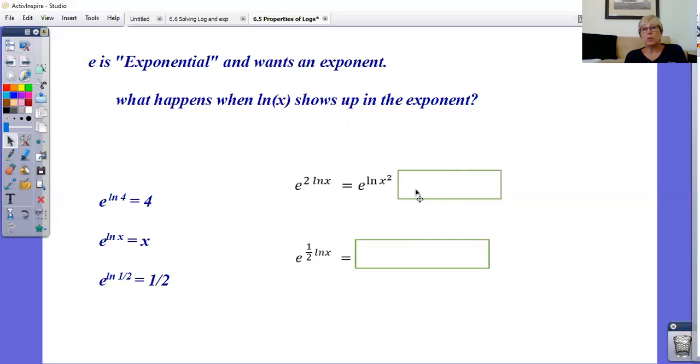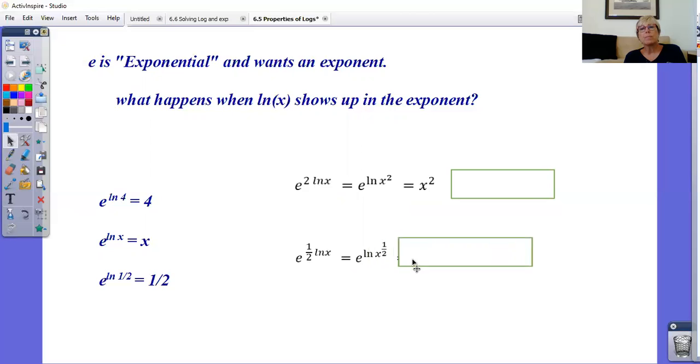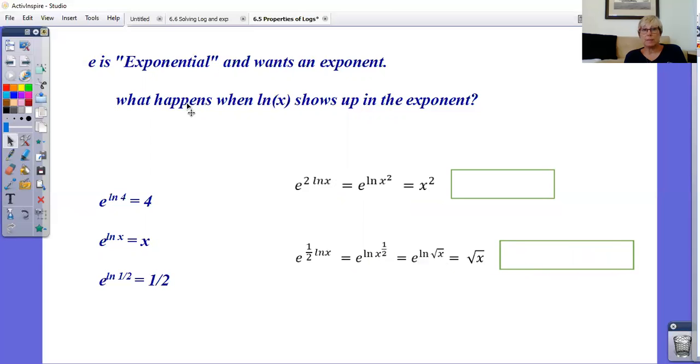Now, nothing in between the e and ln, x squared is your answer. Uh-oh, I've got a 1/2 standing in between the e and the ln. But ln says, hey, no problem. I can take the 1/2 in front, move it to the exponent of the argument, and then, boom, the e and the ln can cancel out, square root of x. Remember, when you have a 1/2 exponent, that's really square root of x.